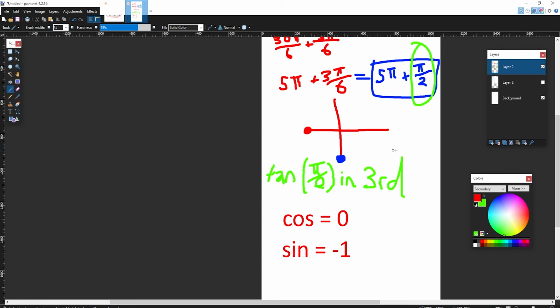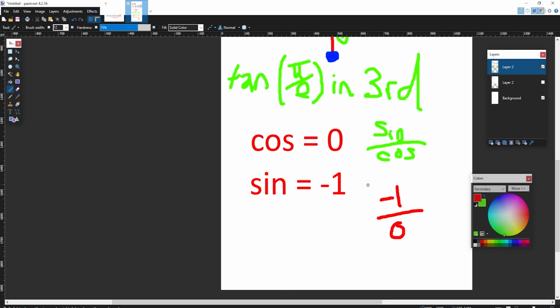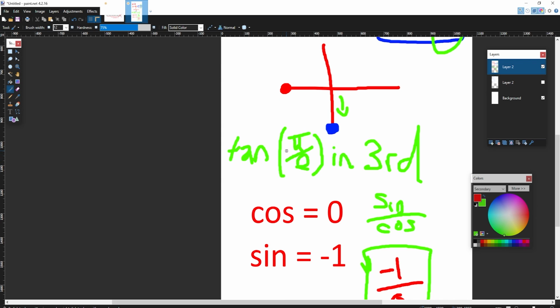Tangent is sine over cosine. If we substitute the numbers, we get sine being -1 over cosine being 0, and this is not a number. This is undefined. So that's why tangent of pi by 2 in the third quadrant is undefined.